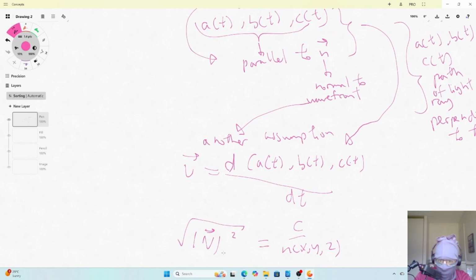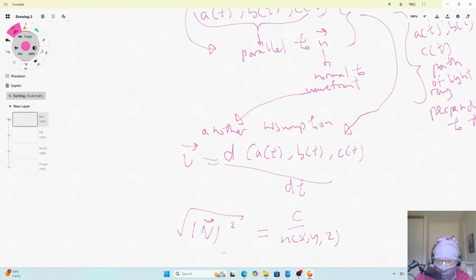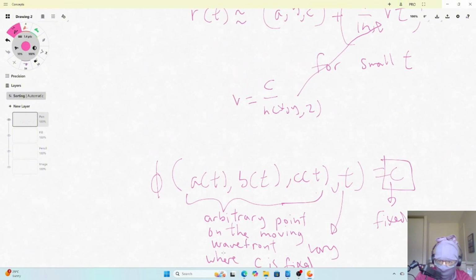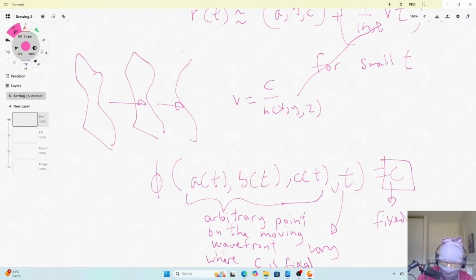So this condition, that the velocity of a point of a moving wavefront, a point that moves normal to the wavefront, is given by that velocity, is a constraint on the wavefront that tells you that the wavefront propagates forward through its normals exactly at the velocity of the light rays perpendicular to them.